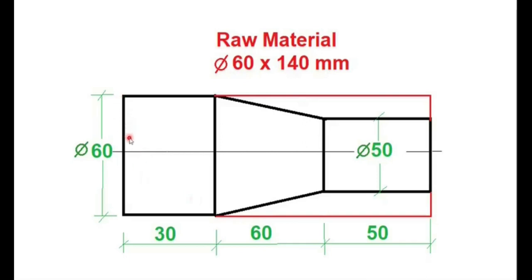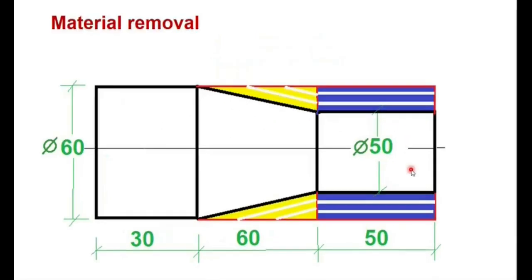So this complete, that is 60 dia, length 30 plus 60 is 90, 90 plus 50 is 140. So this total 60 dia and 140 length, that is the raw material size. Now we have to do a turning operation on this raw material of dia 60 into 140 and achieve this shape.